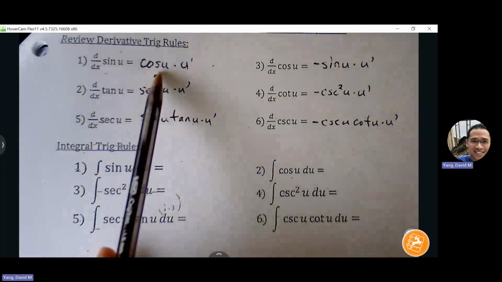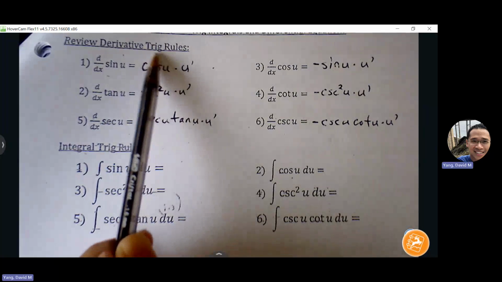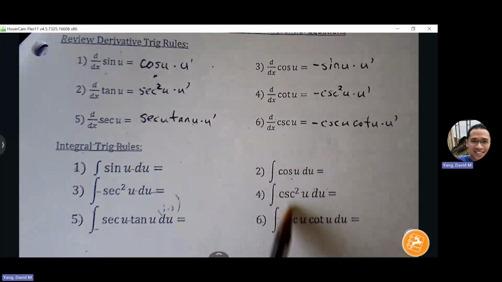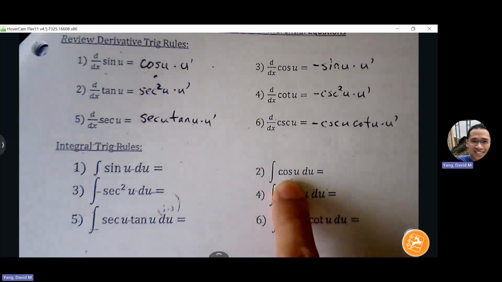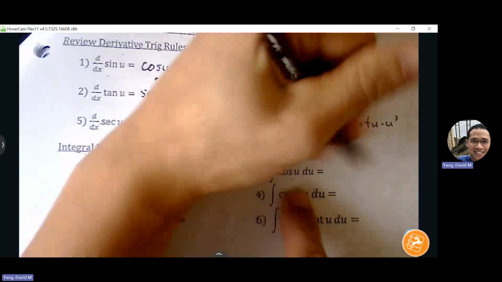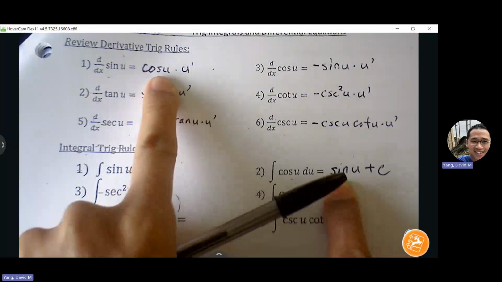Sine, right? If sine produces cosine, then the integral of cosine will just bring us back to sine. Remember, these are all derivative level, and we're just trying to bring the derivative level up to the original function. So cosine of u just becomes sine of u plus c. I'm just reading this rule backwards.